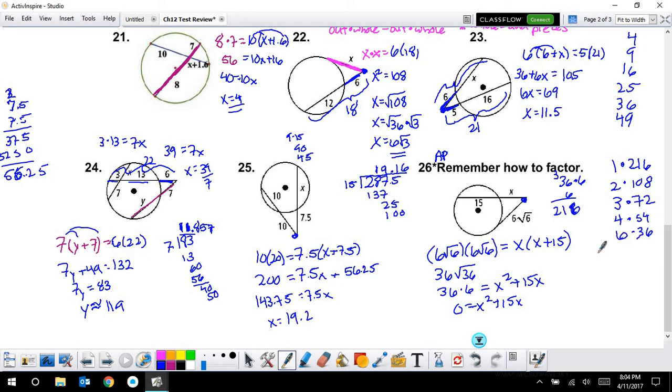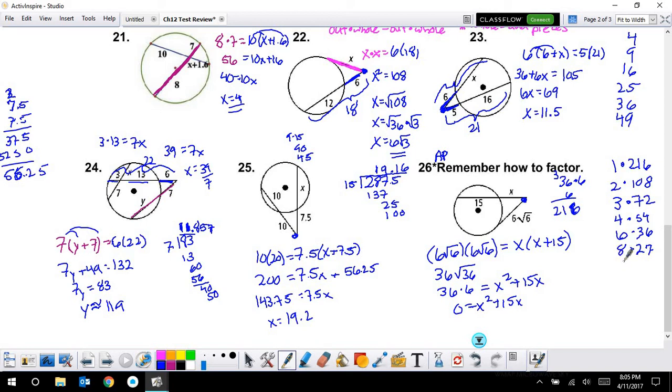And then when we keep on going, 7 does not work. If you try 8, then when you do 216 divided by 8, you'll get 27.